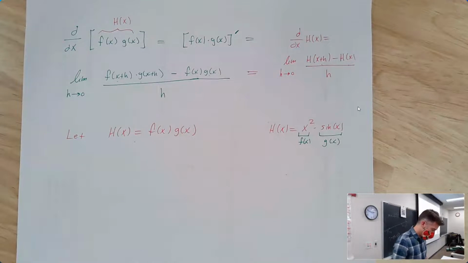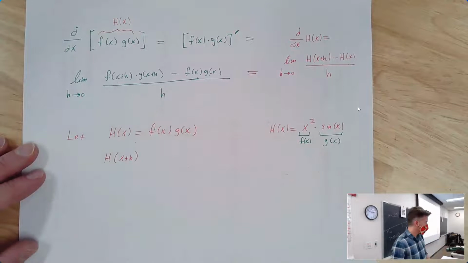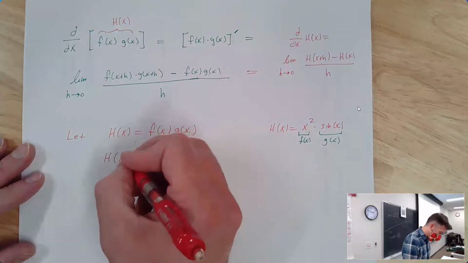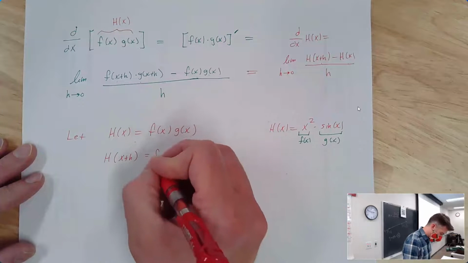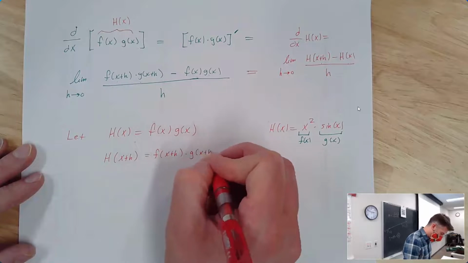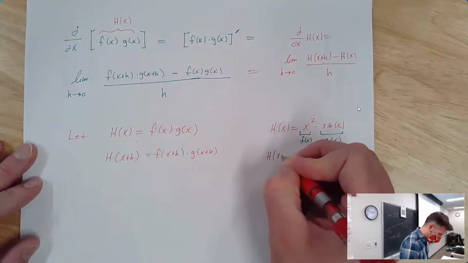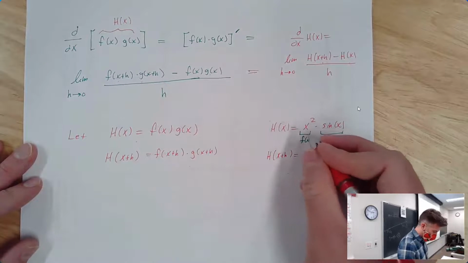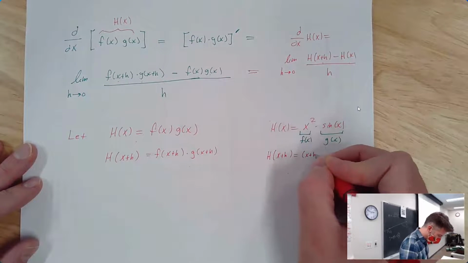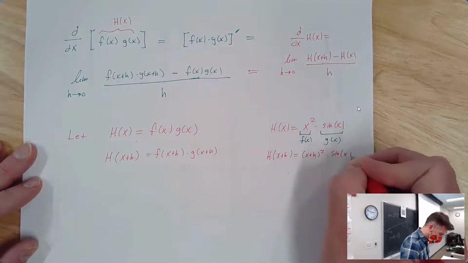Then H of X plus h would be, well, I'm just subbing in an X plus h for each X. It'd be f of X plus h times g of X plus h. Or in the example I'm using, H of X plus h would be, instead of X squared, X plus h squared. Instead of sine of X, it'd be sine of X plus h.